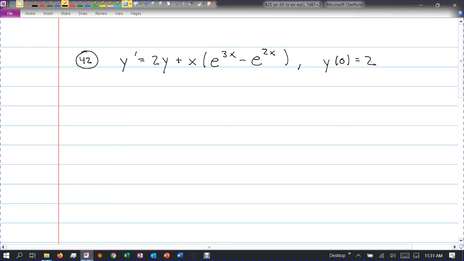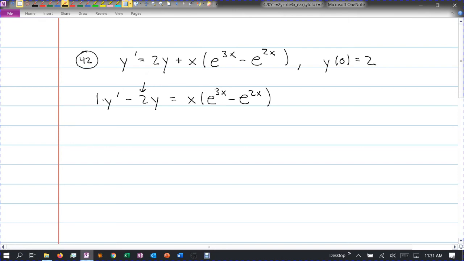Alright, let me put it in the form first so that gets you to where you would need to go. Let's keep the right hand side as x e to the 3x minus e to the 2x. So the left side, we've got 1 in front of y prime, we've got some function of x, negative 2, in front of y, and then the right side is some function of x.